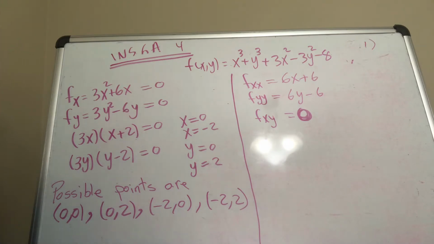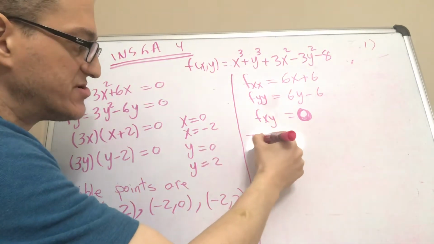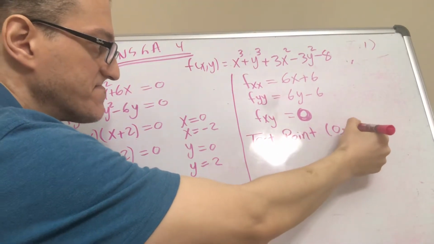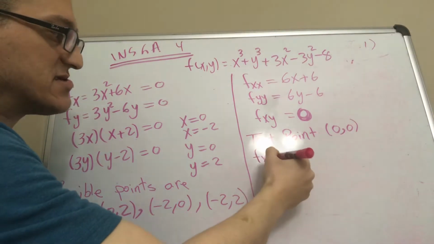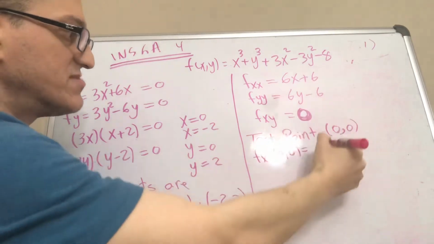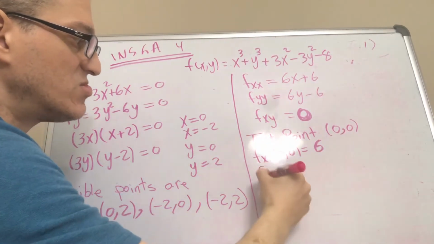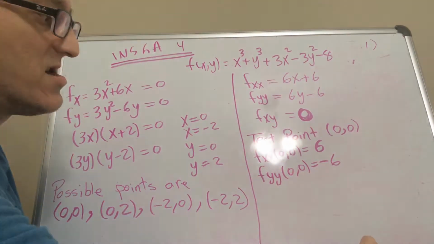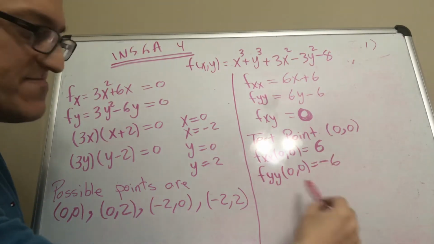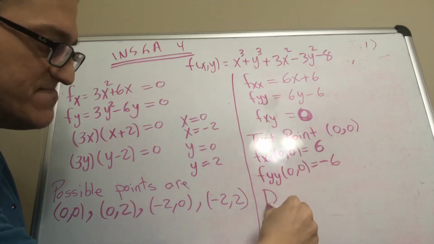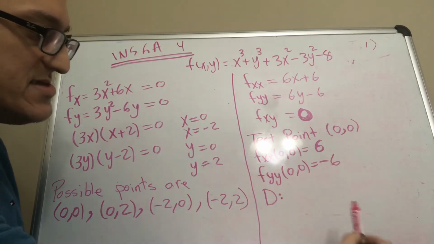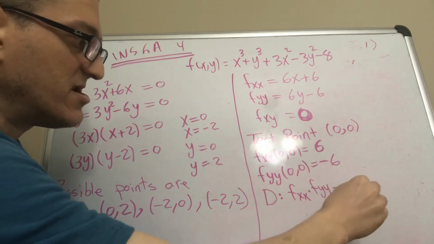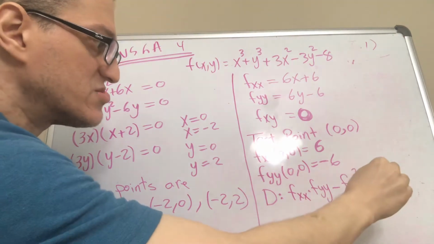So now we test all 4 points. So I'm going to test point (0, 0). What's fxx at (0, 0)? Would be 6. What's fyy at (0, 0)? 6. So that doesn't tell me anything. I have to do the D. The D is you take fxx times fyy minus fxy squared.